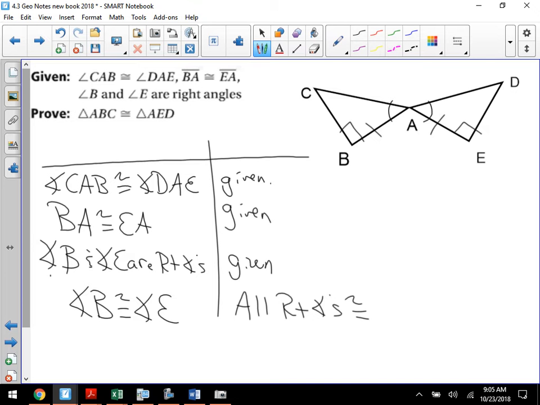Do you have congruent triangles then? How? Is that a way on here that says to prove triangles congruent?